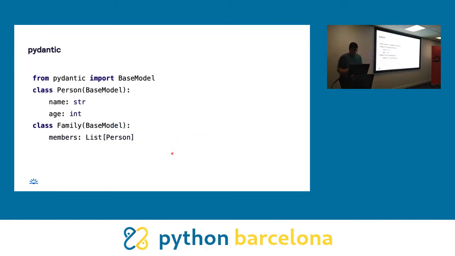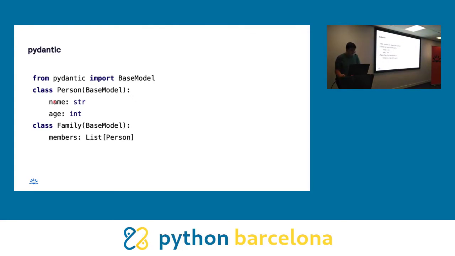Now we can see a recursive example. In this case, we define a family to have a list of members. And we say that members is a list of persons. All of this is implemented using the base model of Pydantic.